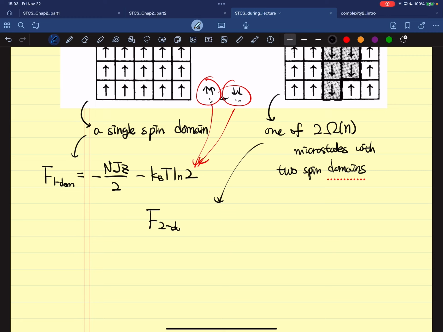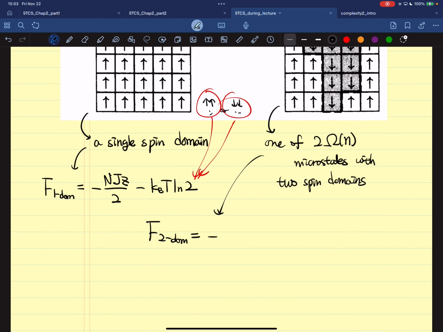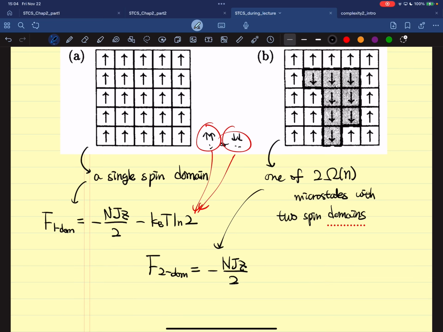In the main case, first, the background interaction would be something like this. And we assume that, I didn't explicitly put it here, this is a domain with the length n.